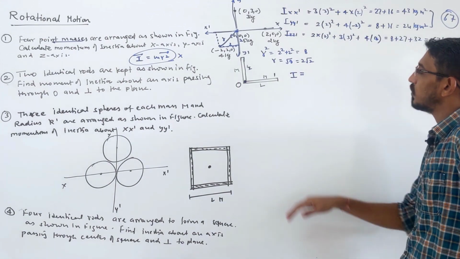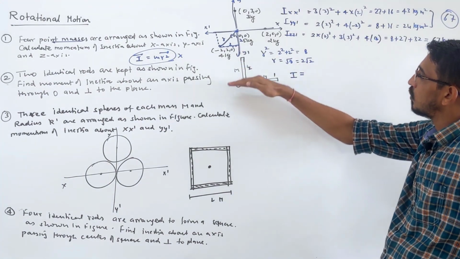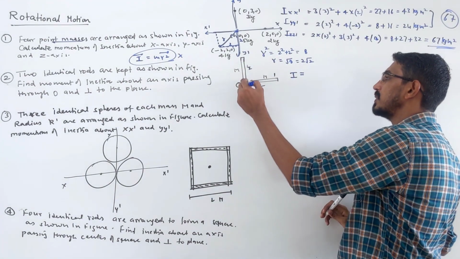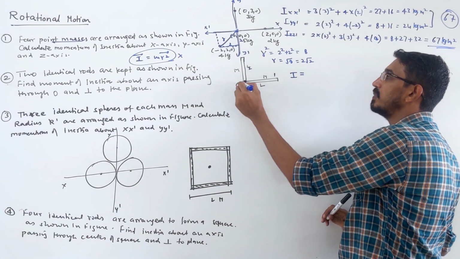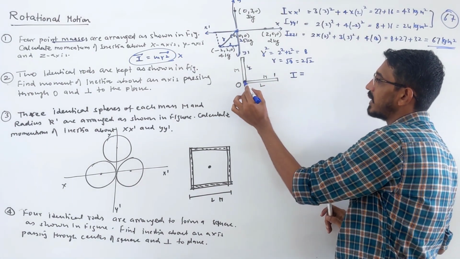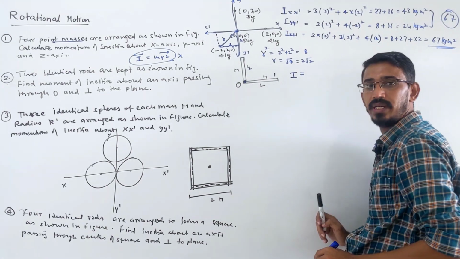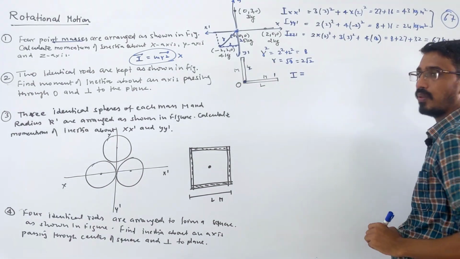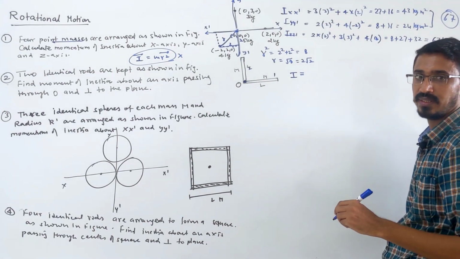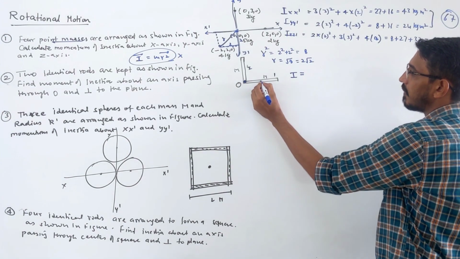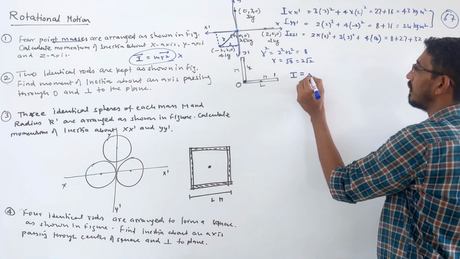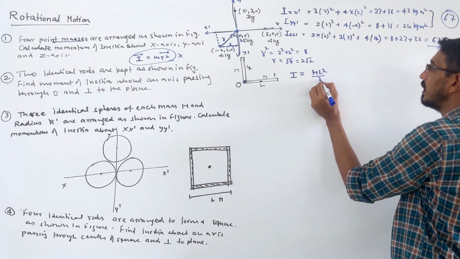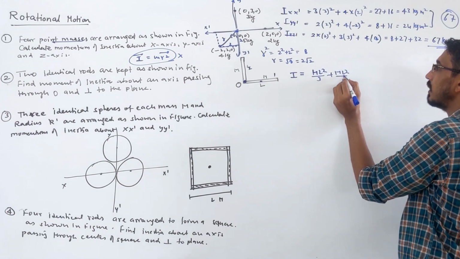Okay, so these two rods are given and we are rotating about this point. This point is simply the end of the rod, right? For this rod also it is the end of the rod, and for that rod also it is the end of the rod. The formula for the end of the rod we already know: ml square by 3. About the center of mass we know it is ml square by 12, and about this point we already calculated ml square by 3 plus ml square by 3.